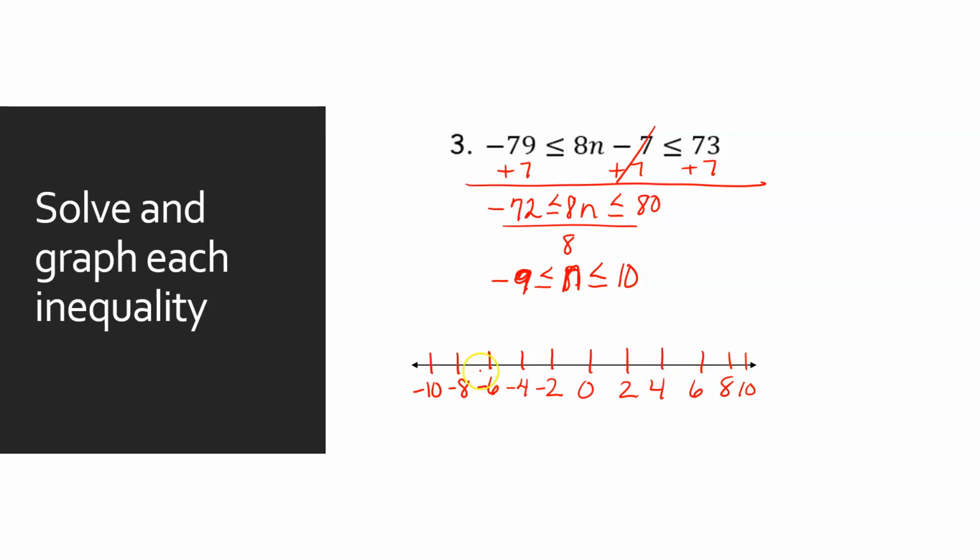Okay, so here's negative 9 right here. And then 10 is here, and this is your graph. So you'll have negative 9, 10 for interval.